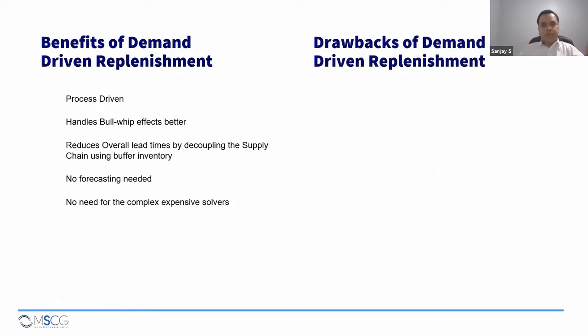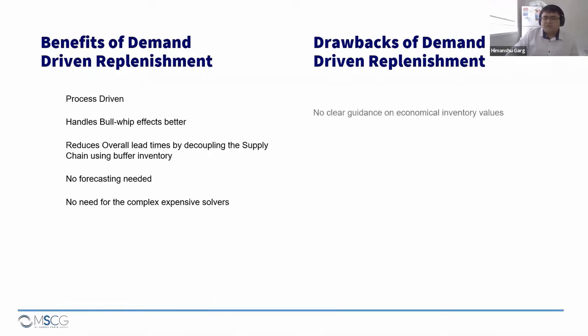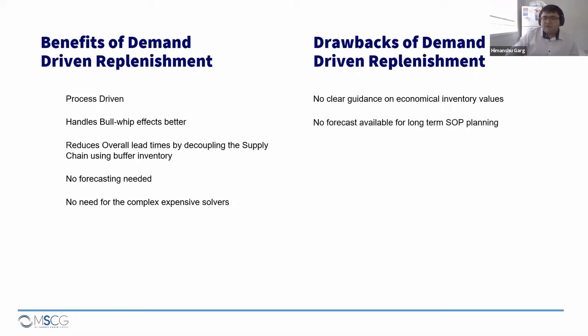Yes, Sanjay. So let's get into the details of the drawbacks. The first drawback that we can see is that there is no clear guidance on economic inventory values. Then the second drawback that we see is that since there is no forecast, it's very difficult for S&OP, long-term S&OP planning processes.